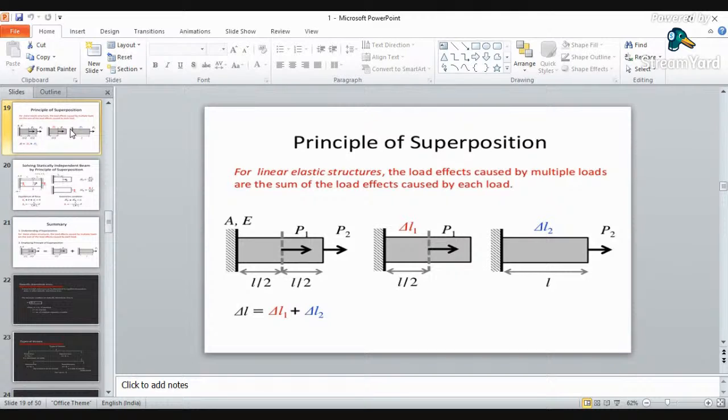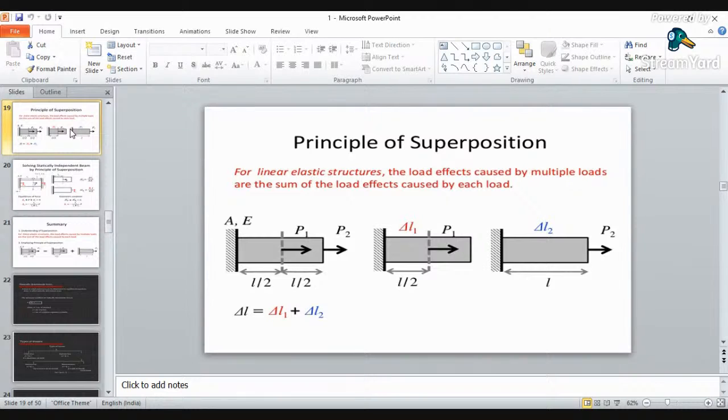Okay. So what is the superposition theorem? The principle of superposition simply states that on a linear elastic structure, the combined effect of several loads acting simultaneously is equal to the algebraic sum of the effect of each load acting individually.